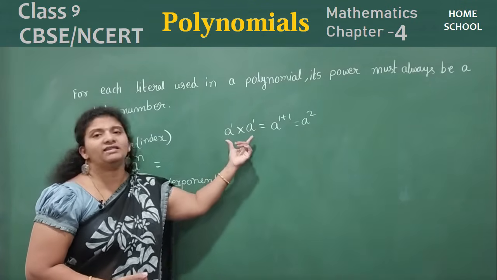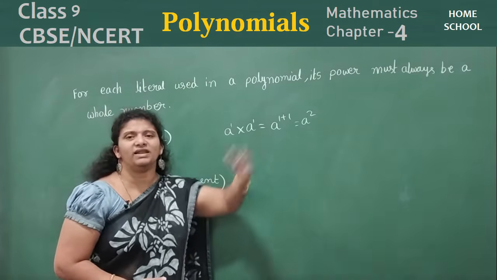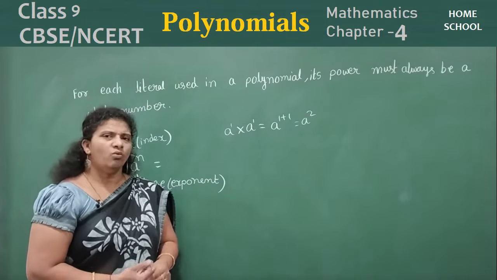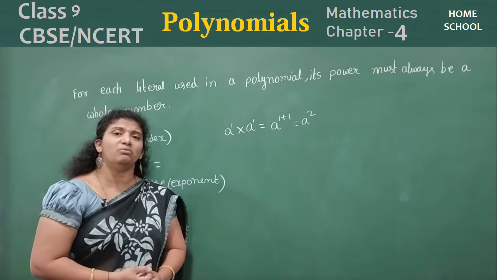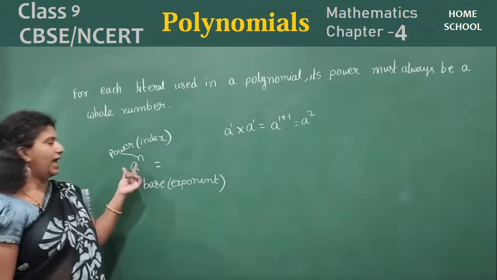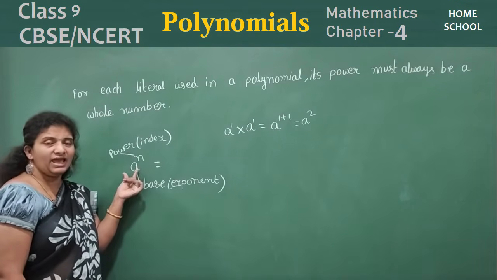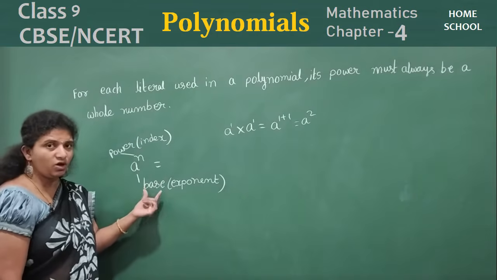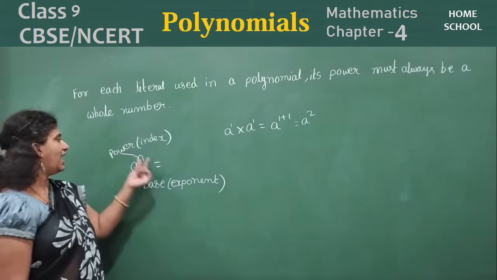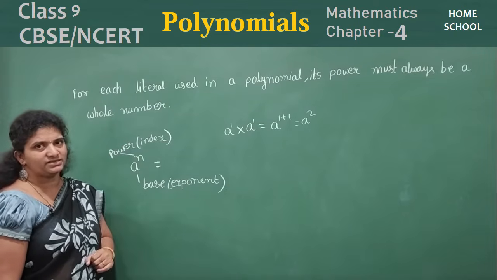Or you may apply the law a power m into a power n is equal to a power m plus n. So what am I talking about here? Power. What is that power? Let's look here. A power n, I am saying. What is this a? A is called the base or exponent, and n is called the power or index.